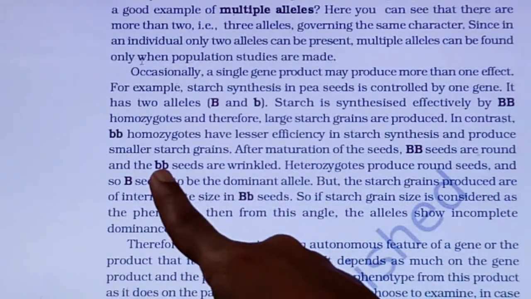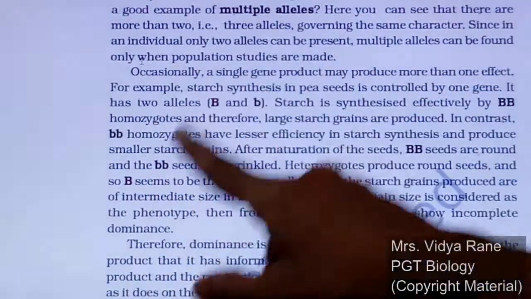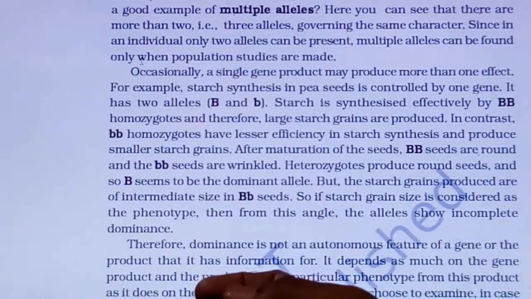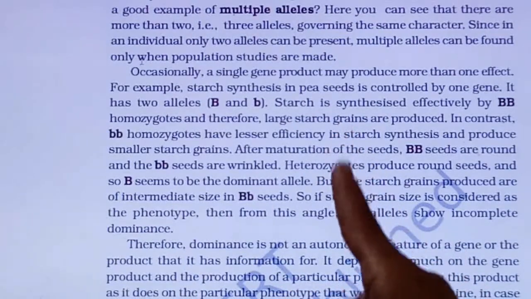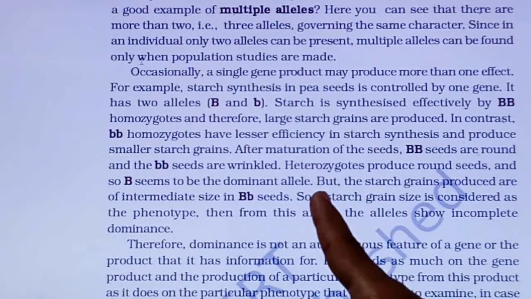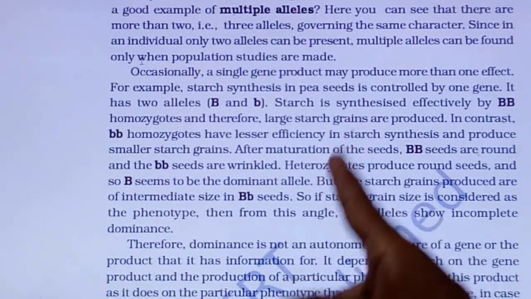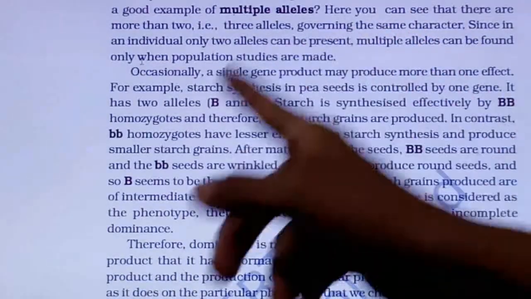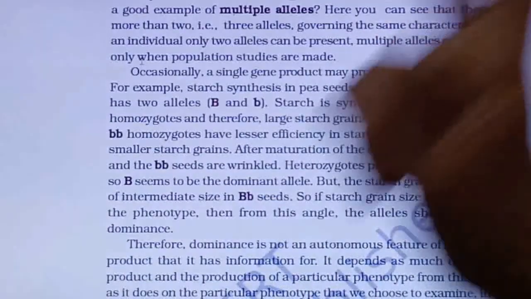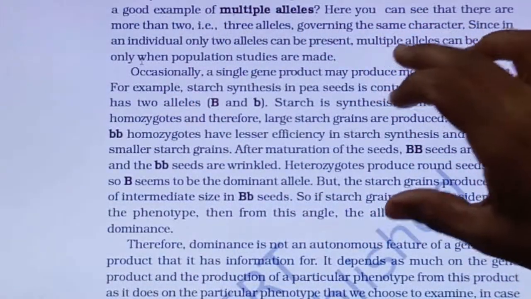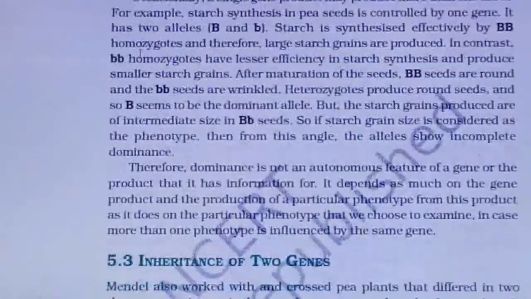If this phenotype change, a slight change, is noticed, like the seed shape in a pea plant, that will also be considered incomplete dominance and gives you the ratio 1:2:1. So try to understand this point. A 2 marks or 3 marks question will be asked on this paragraph right over here as an IMP.